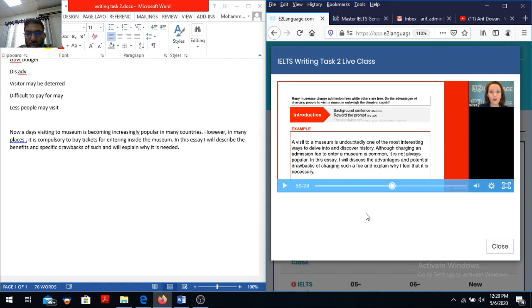Although charging an admission fee to enter a museum is common, I said, however, in many places it is compulsory to buy tickets. It is common, but it is not always popular.